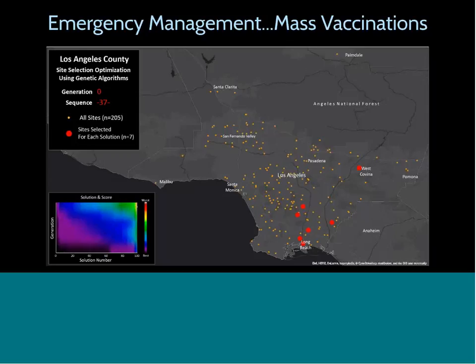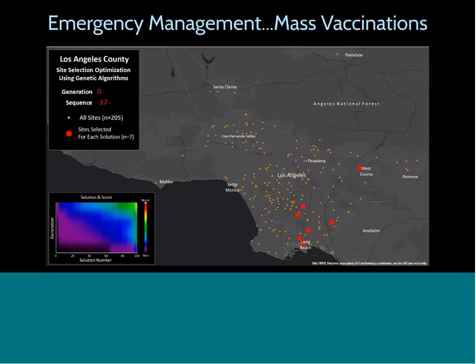So if there's a real bioterror outbreak, anthrax or smallpox or something really crazy, and they need to vaccinate everybody very quickly, they need to choose the best places to provide those vaccinations, where people drive and go there and get a vaccination. Now, we're not taking into account the fact that the freeways would be totally flooded in an event like this, and LA County didn't really care about that either.